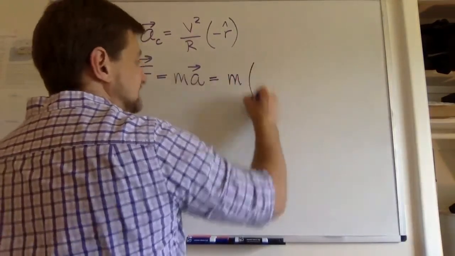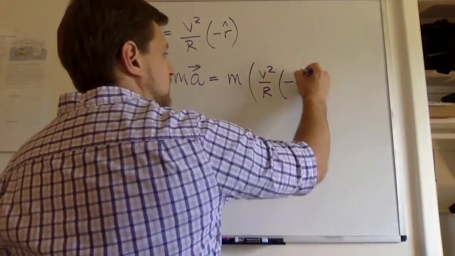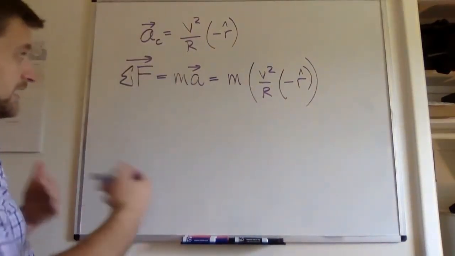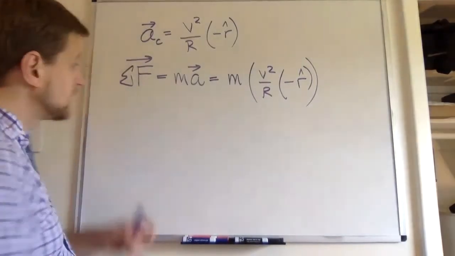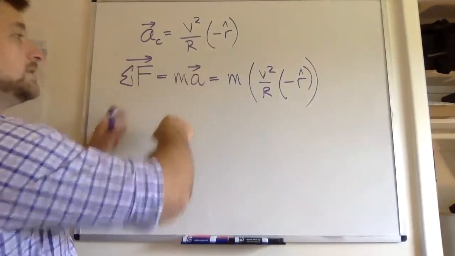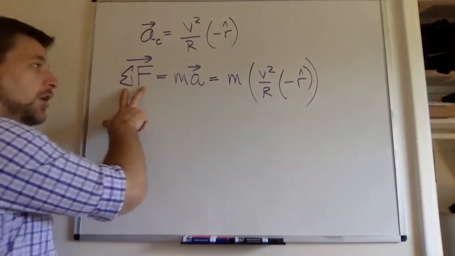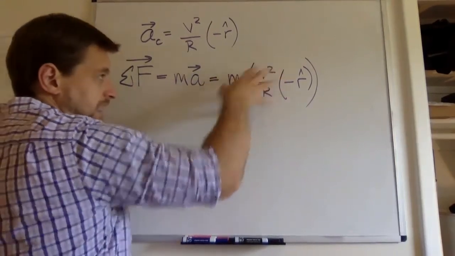It's m v squared over r in the negative r direction. In order for a thing to be moving in circular motion, Newton's second law requires that the sum of all acting forces be equal to that.